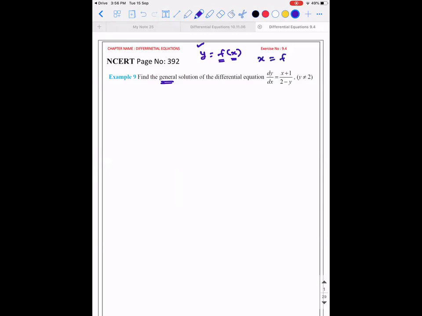If I give you f of y, you will say the variable x is dependent on y. Am I right? So here, if you observe, dy by dx is neither completely a function of x nor completely a function of y, because on the right hand side you have both x and y present.